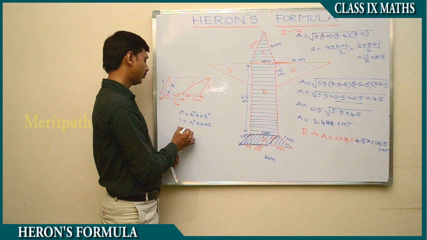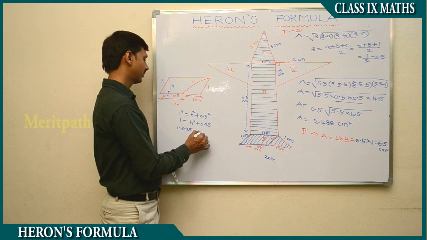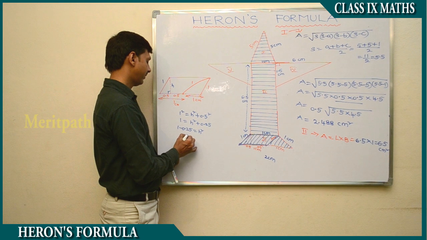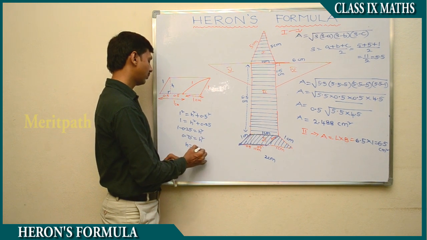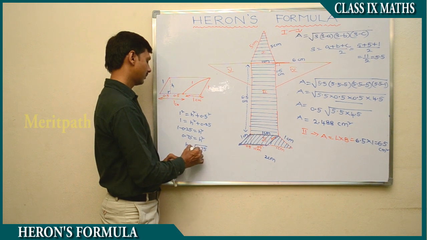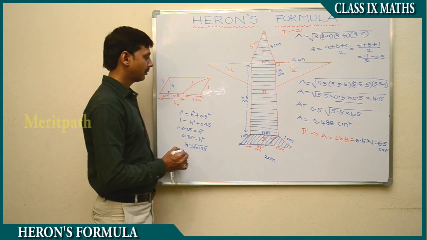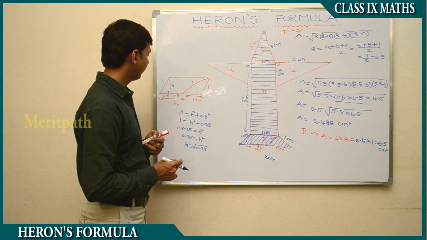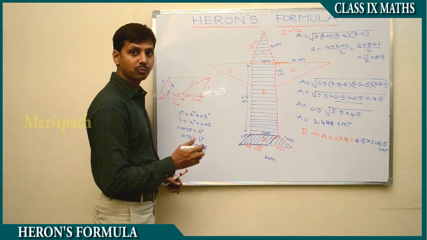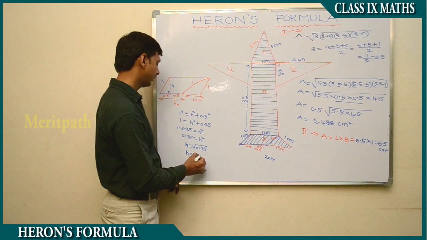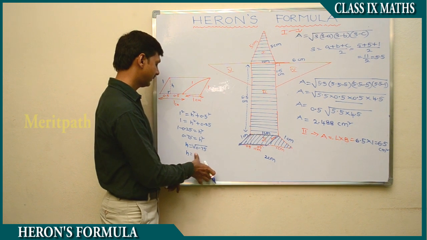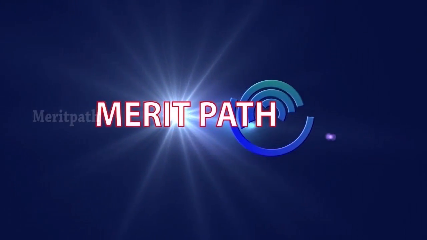So 1 minus 0.25 is equal to h square. So 0.75 is equal to h square. So h is equal to the square root of 0.75. When we find the square root of 0.75, we get 0.86.